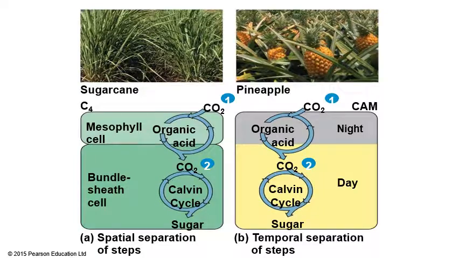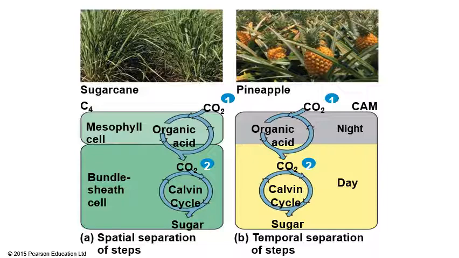That's why C4 plants and CAM plants show some similarity. In C4 plants, the function of fixing into C4 and the Calvin cycle are separated by space, in the mesophyll cell and the bundle sheath cell.